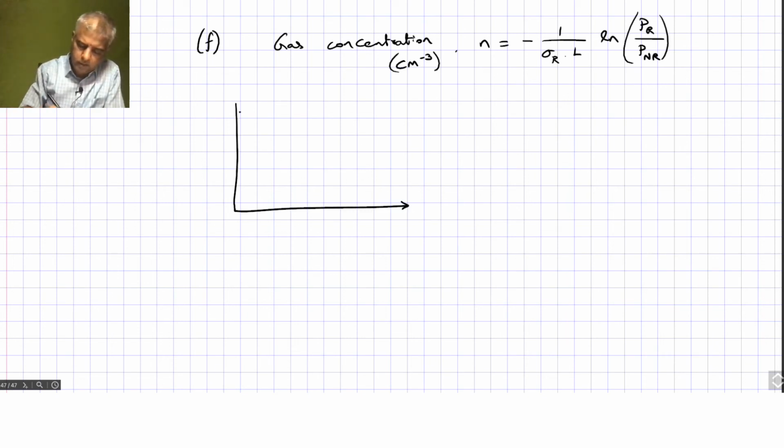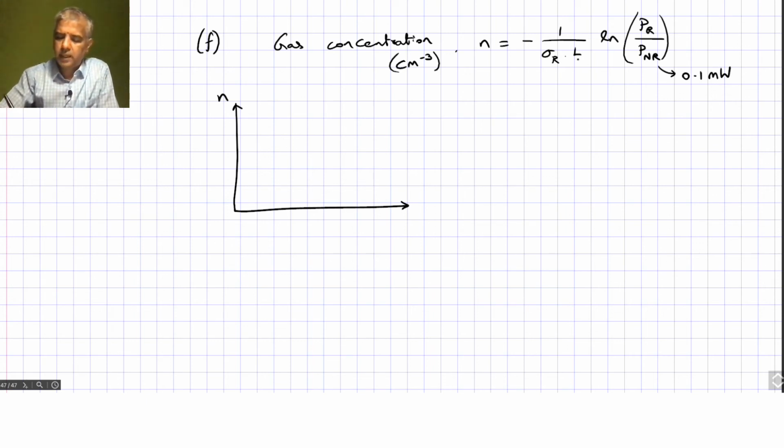If you plot this, we are trying to figure out what is the concentration based on a measurement of PR. If you look at this, all of these are constant values. So PNR, for example, for our case, we said is 0.1 milliwatt, right?